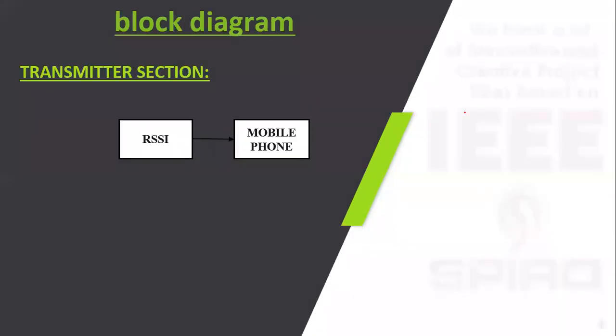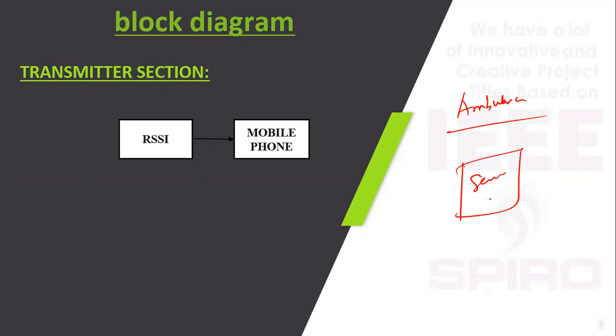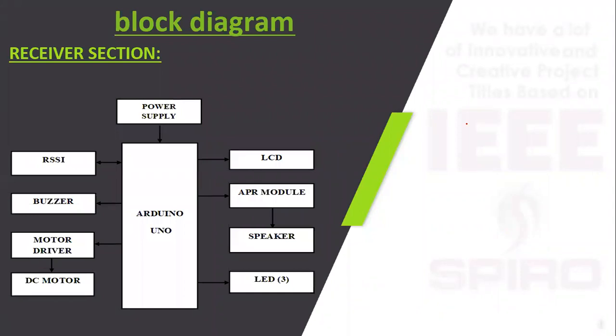Here in the transmitter section, this is an ambulance. The ambulance acts as a server. We are using a mobile phone, which produces the hotspot, and the signal is transmitted in the air. The receiver section is implemented in other vehicles. Here there is one controller, the Arduino Uno.